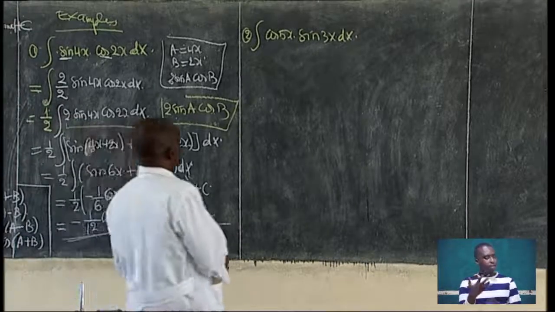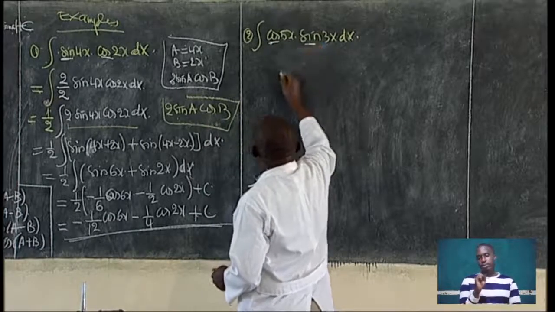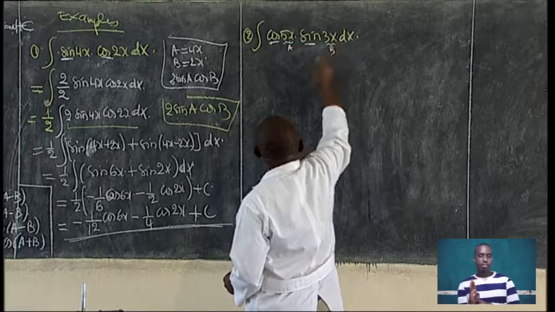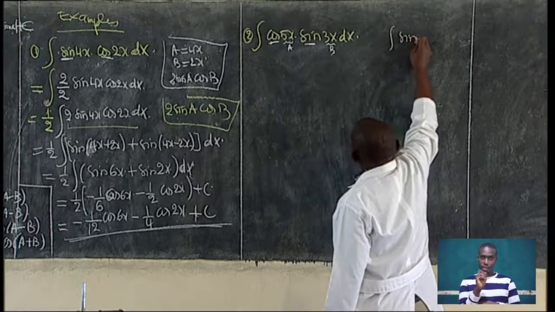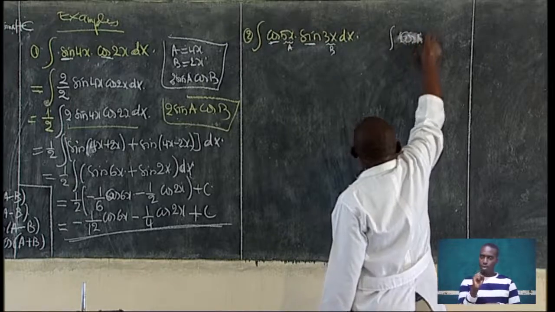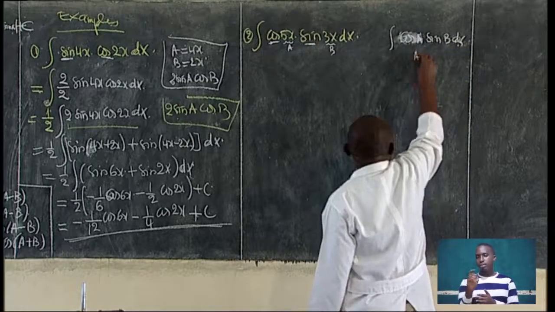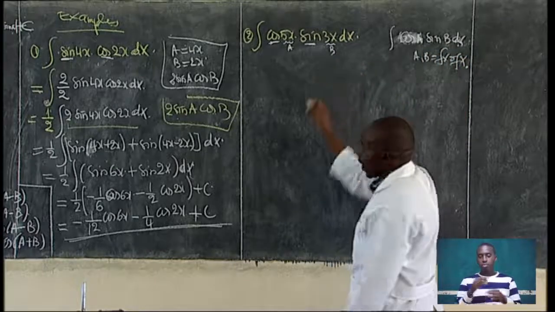Do you see? Here you have cosine and sine, so this can be taken as A, and this is B. It means we have the integral of cosine A and sine B dx. Of course, A and B are functions of x. It is what I have there.